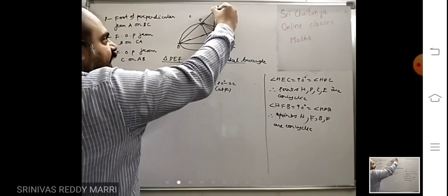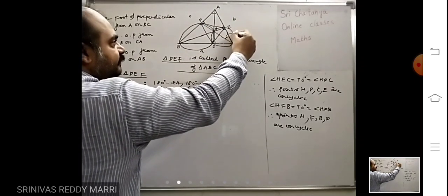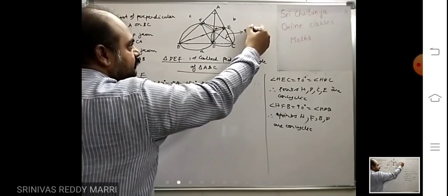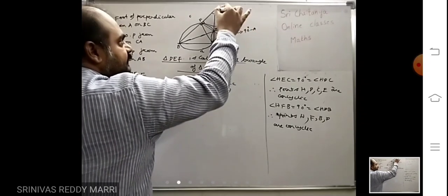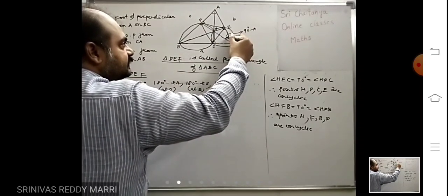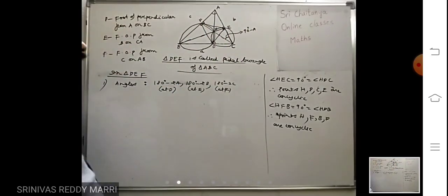In this triangle, this angle is A and this angle is 90 degrees. So this angle will be 90 degrees minus A. Observe carefully. In triangle AFC, this angle is nothing but 90 minus A. This is A, this is 90, so this will be 180 minus (90 plus A).